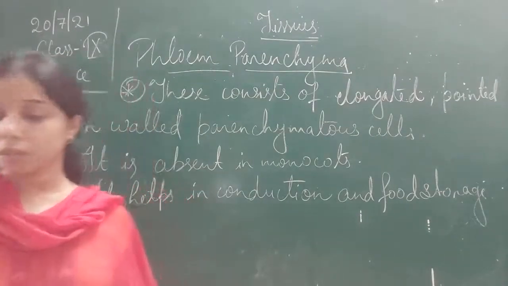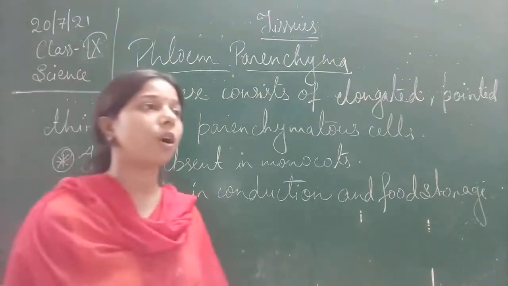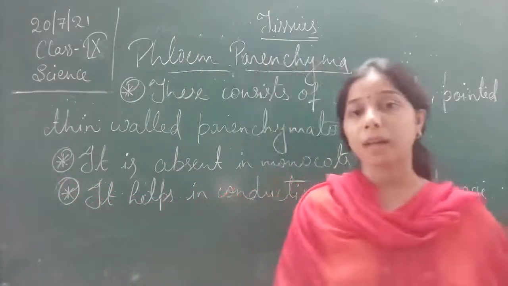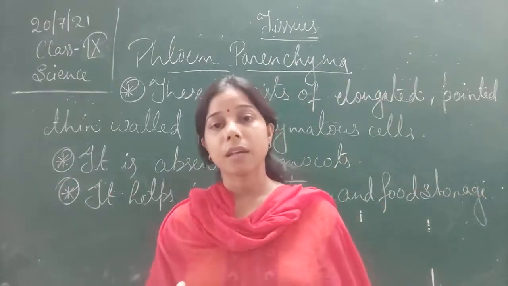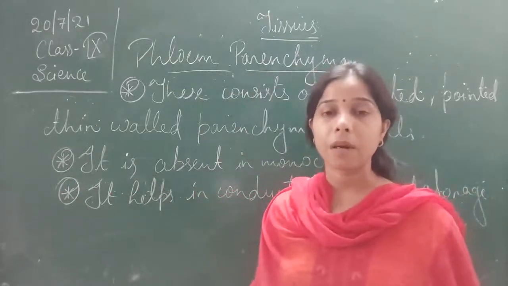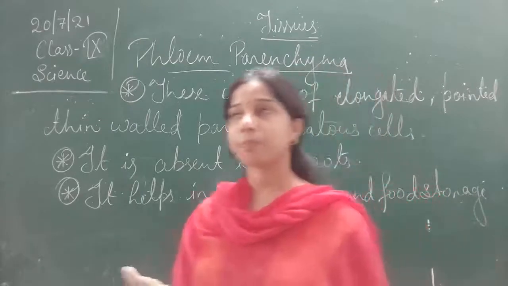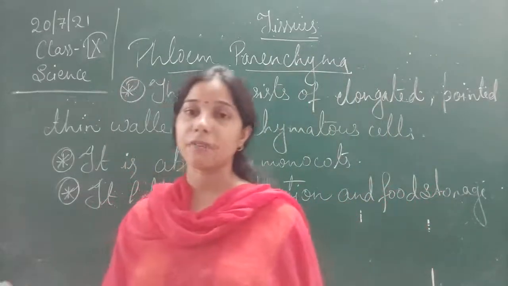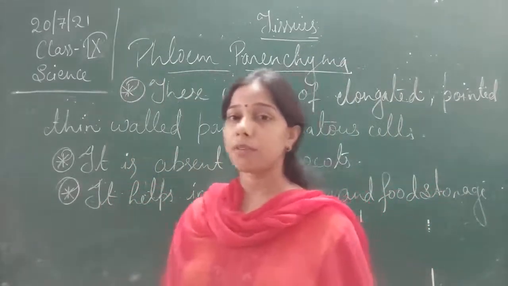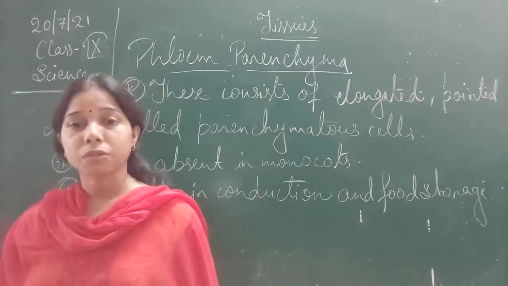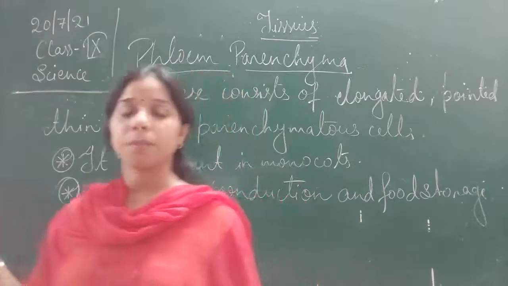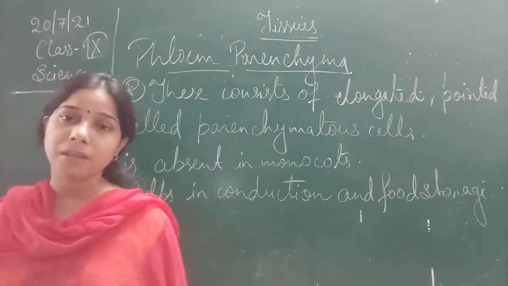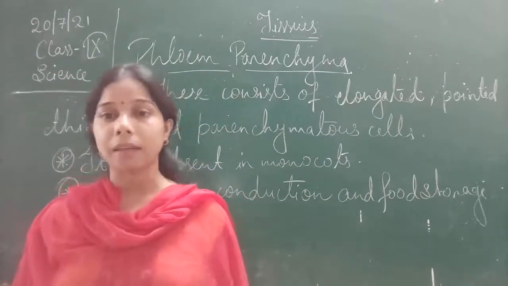So we have understood till now what the different complex tissues are and what the different elements of these complex tissues are. Xylem is divided into xylem fiber, xylem parenchyma, xylem tracheids and xylem vessels. In case of phloem, sieve tubes are there, then phloem parenchyma, phloem fiber, and companion cells.